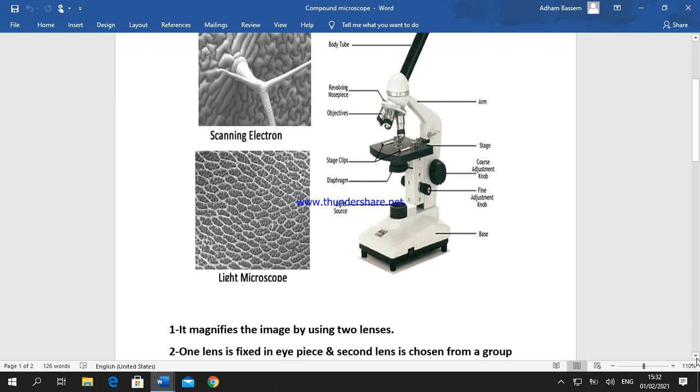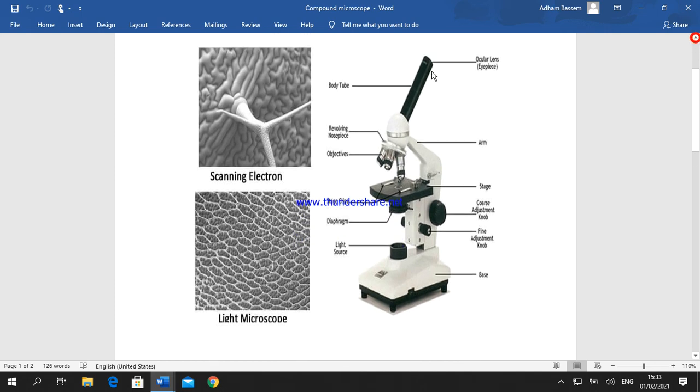A compound microscope magnifies the image by using two lenses together. The magnification of a compound microscope depends on two lenses that work together. As we see in the picture, the first lens is fixed in the eyepiece, and this is used by you to examine the slide. The second lens is chosen from a group of three lenses found on the revolving nosepiece.